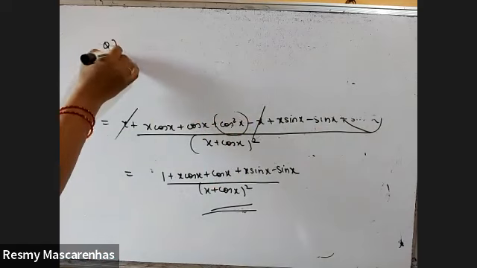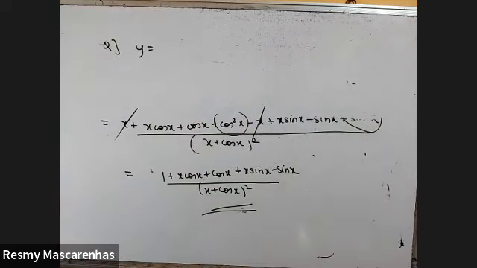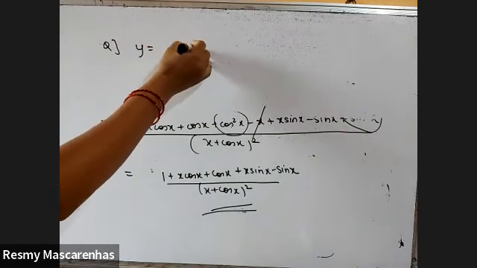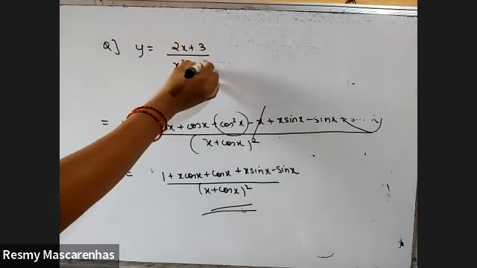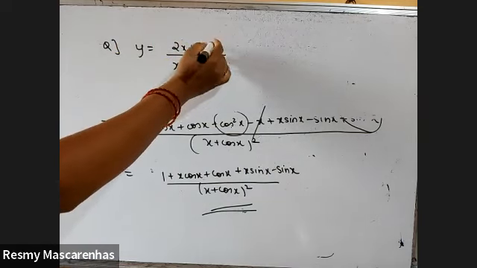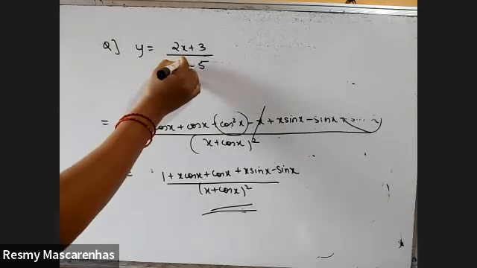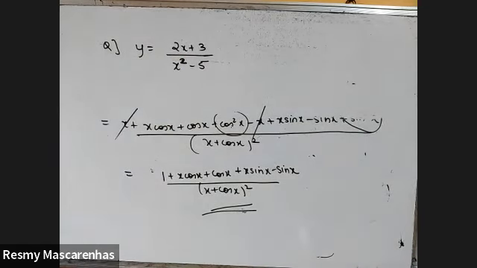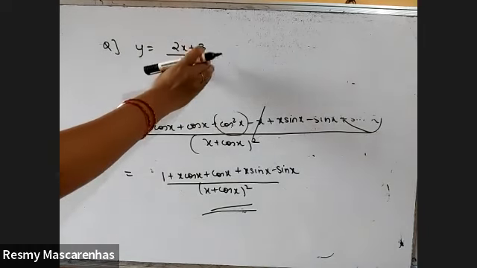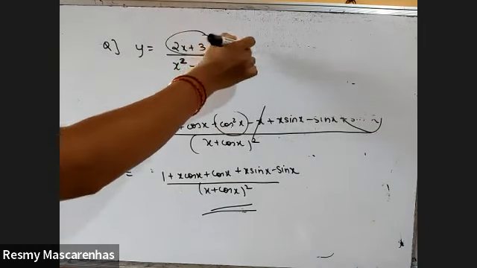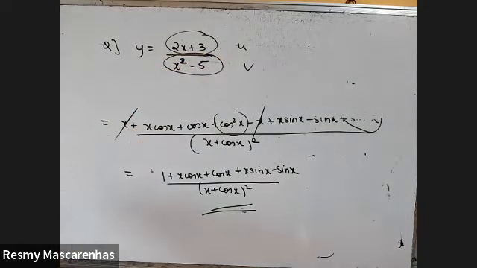Next one. Now there's a numerator term also, a denominator term also. So this will be u and this is v.